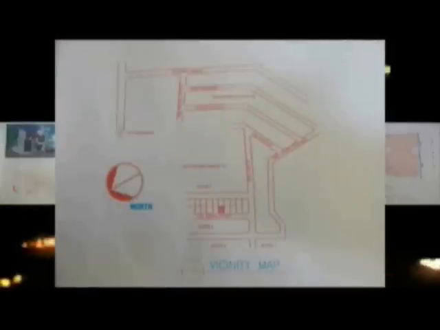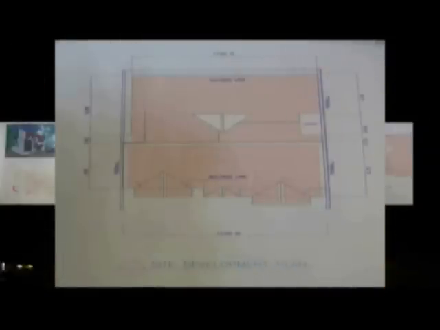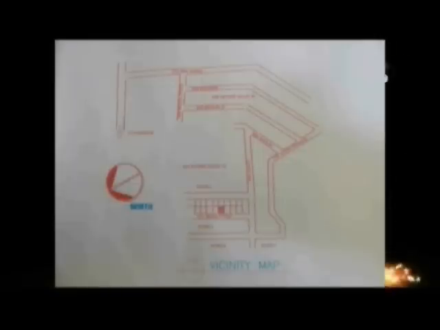Let's start with the first page of the blueprint, which includes the perspective, vicinity map, and the site development plan. We have here first the vicinity map of the house so that we could know where the house should be located.